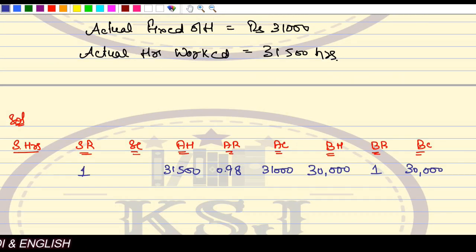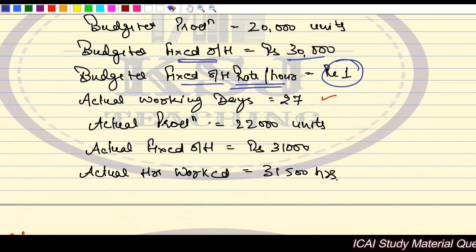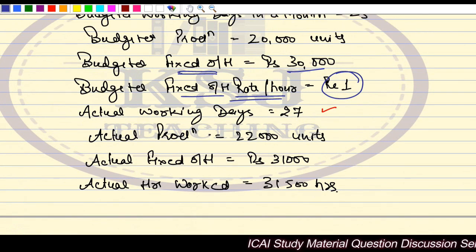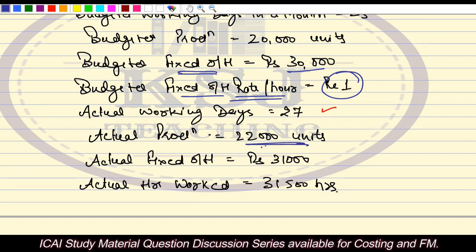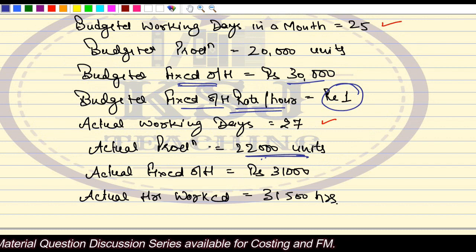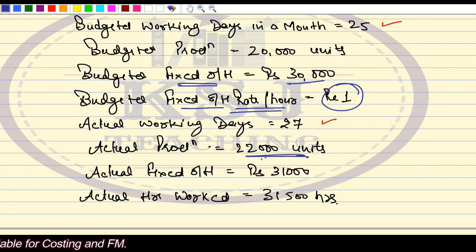Coming to the standard hours now. Standard hours for actual output. What is your actual output? 22,000. Sir, but the standard hours per unit is not given. How to calculate the standards for the actual output of 22,000?